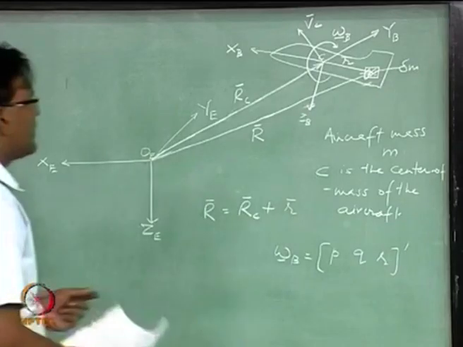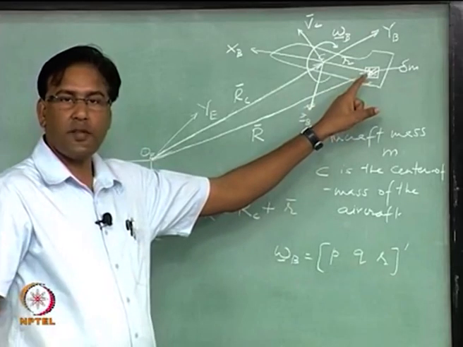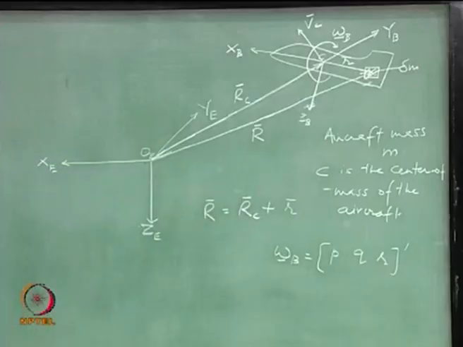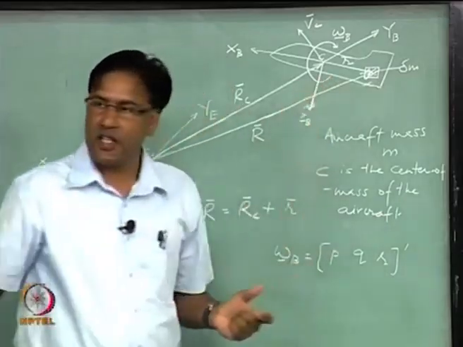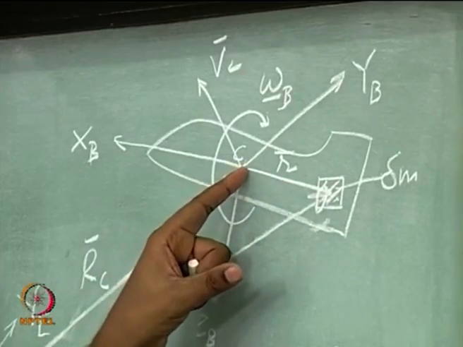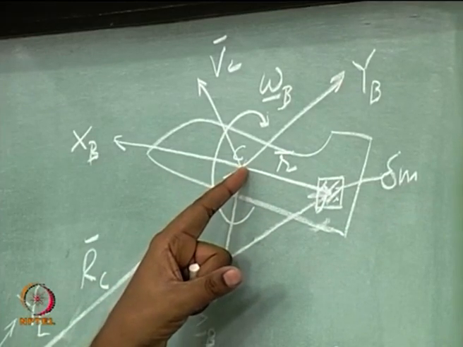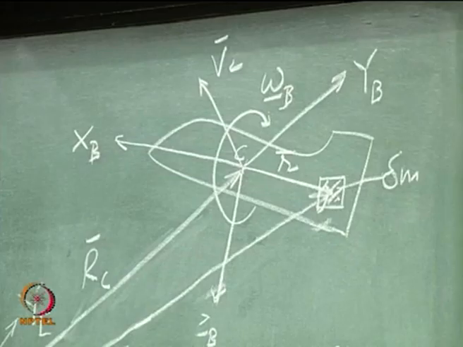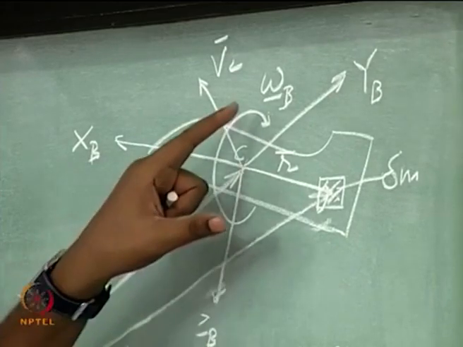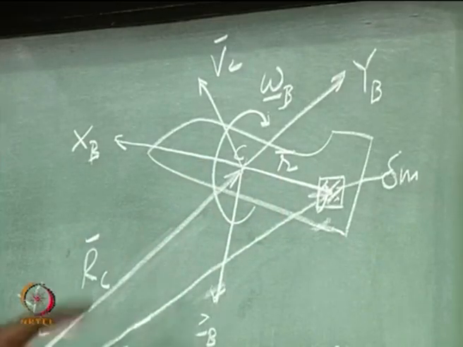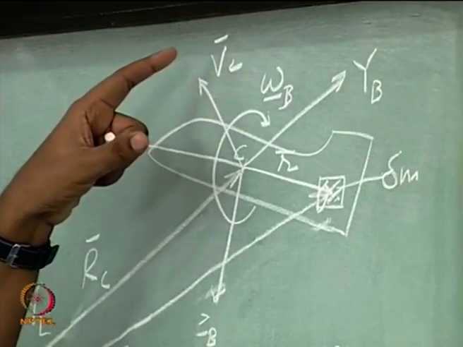So, what would be the velocity of this elemental mass? If I say that aircraft is a rigid body, then this mass is not going away or coming closer to the center of mass, isn't it? So, what other velocity does it have? Angular velocity, right. So, this omega_b into this distance r is going to give a tangential velocity, and the center of mass is having this velocity V_C, right.